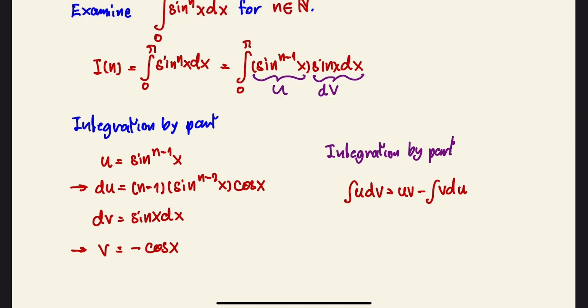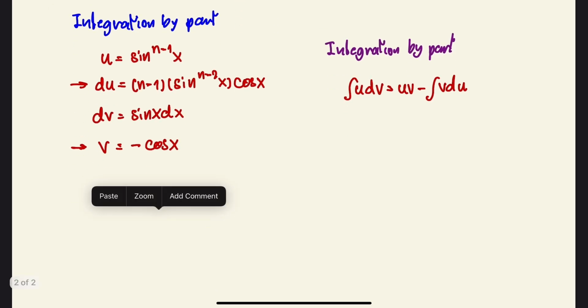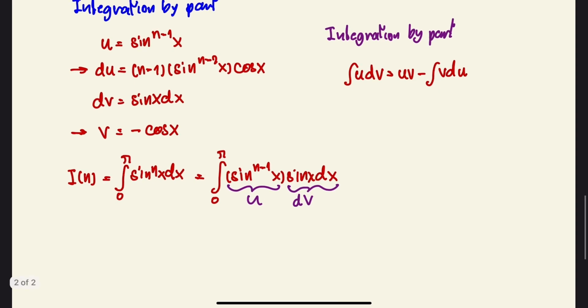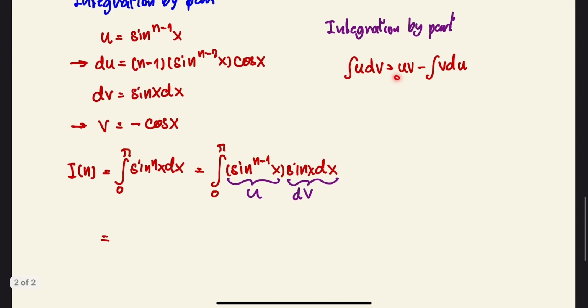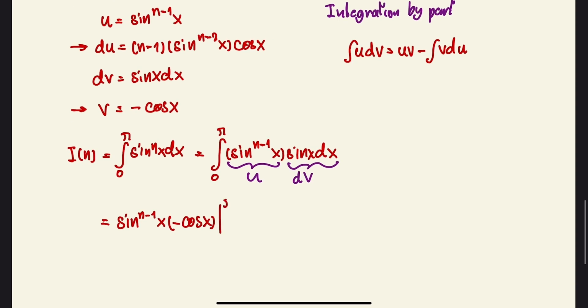Applying integration by parts, we will have uv. u is sine raised to the n minus 1 x, and v is minus cosine x, so it's minus cosine x from 0 to pi.